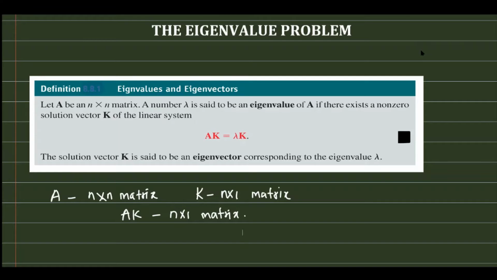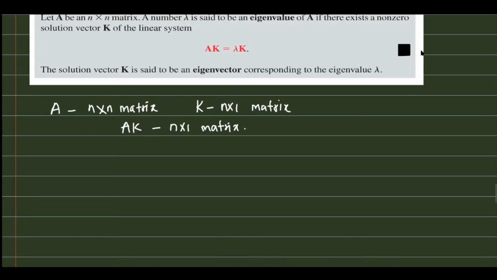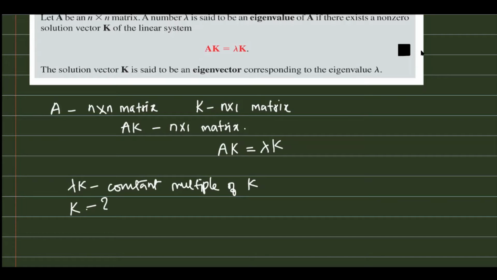So it means that we must have AK equal to lambda K. K is an n by 1 matrix, so we see that lambda K is a constant multiple of K. So our problem is to check whether there exists a column vector K such that the product AK is equal to a constant multiple of itself. So this is the problem here.